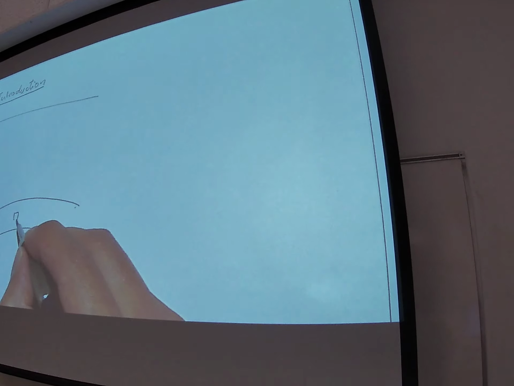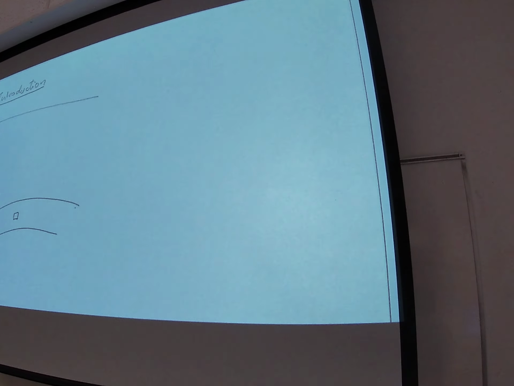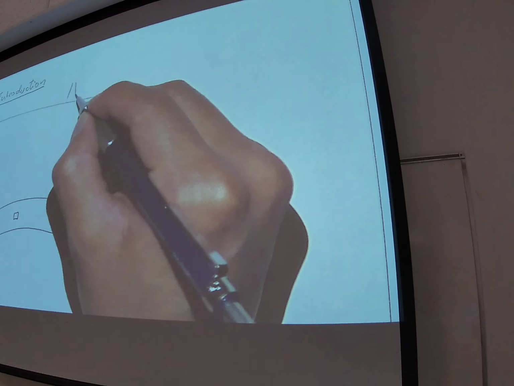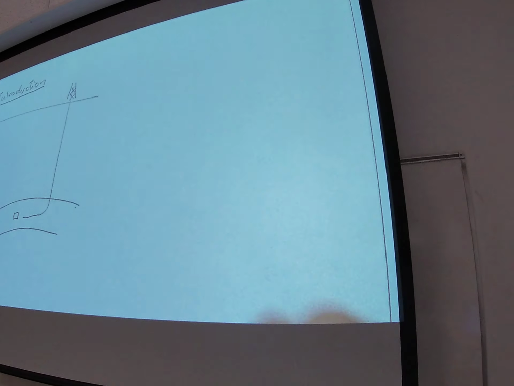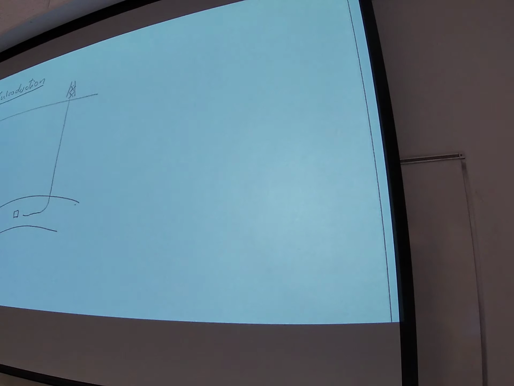Let's say that you're interested in a particular location at a particular depth, and that you drill a wellbore to this location, and you want to know at that depth what is the state of stress.